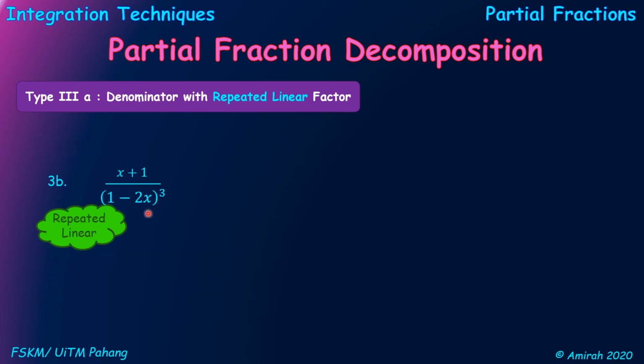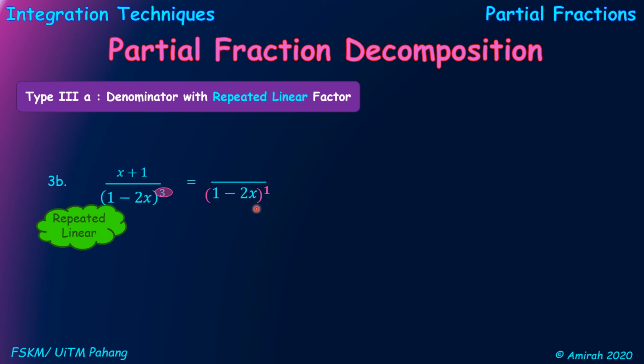Alright, so from here, we have bracket cubed, or bracket to the power of 3. So this is a repeated linear factor, and we can write it as the sum of partial fractions. First, the denominator we can write as 1 minus 2x.